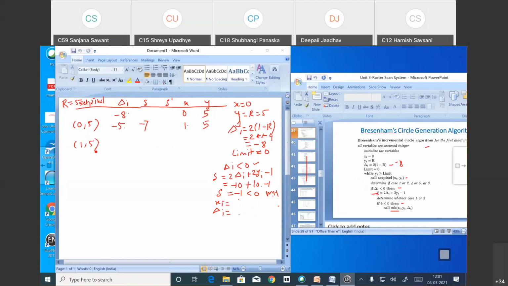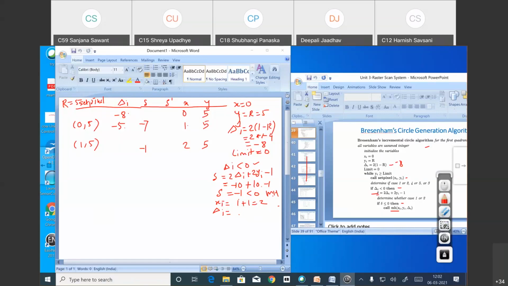Then we calculate delta. Minus 1. Okay, as it is minus 1, it is less than 0, we call MH. MH increases x by 1, so x becomes 2, y remains as it is, 2, 5, and then again calculate the value of delta I.